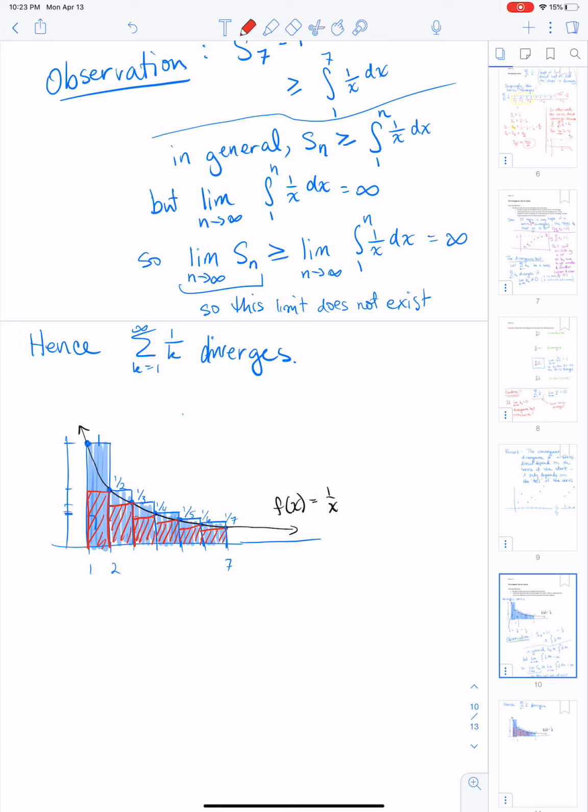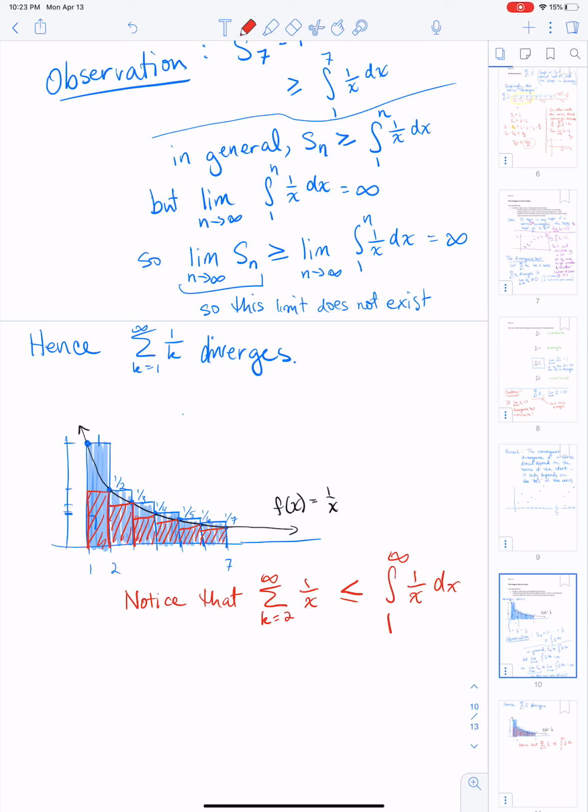And so notice that the sum from k equals 2 to infinity of 1 over k is less than the integral from 2 to infinity of 1 over x dx. This is less than the integral from 1 to infinity of 1 over x dx. I'll put less than or equal to; it's strictly less than, but okay.